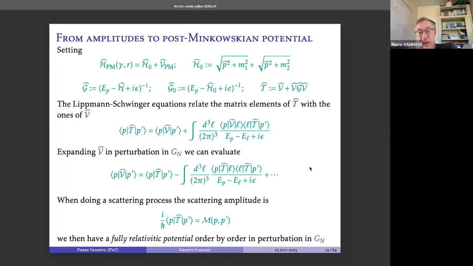So there's an infinite series of terms with more and more T's and more integrations. This is where you are going to get all the perturbative computation. If you want to get V to some order in G Newton, you will have to compute these multi-integrals to higher orders, knowing that T is related to your amplitude.